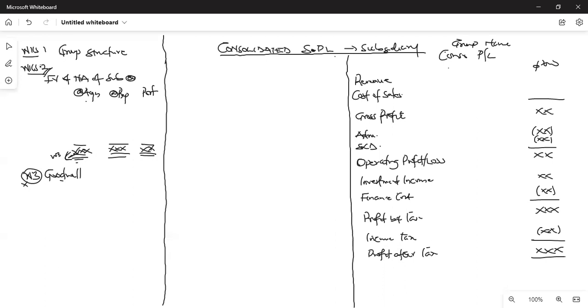So, especially when goodwill impairment is expressed as a percentage, that is how you will have to calculate your goodwill.